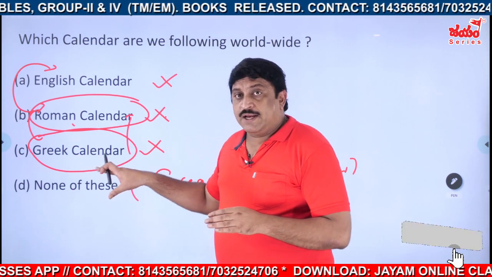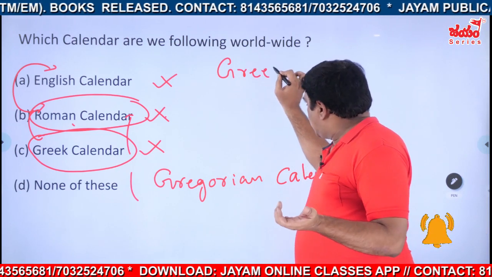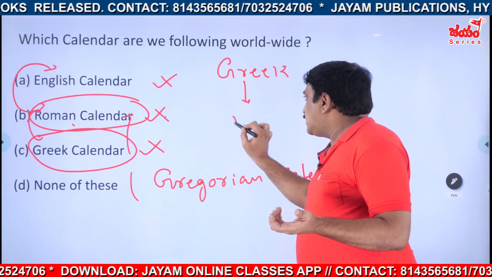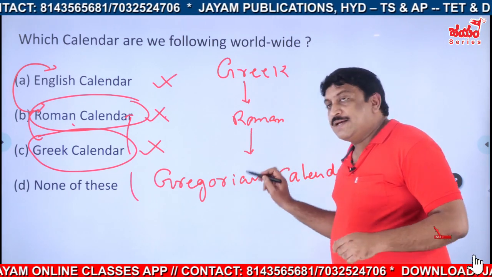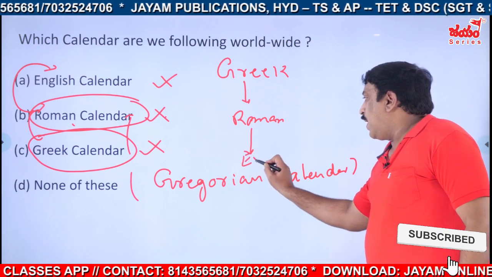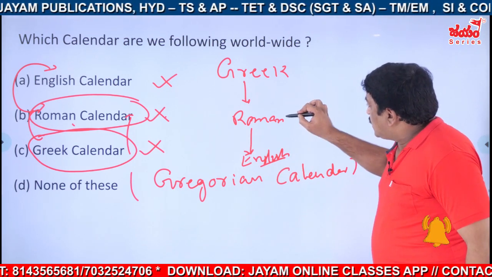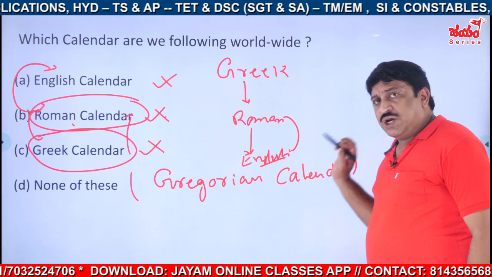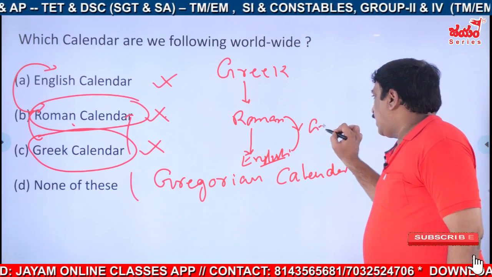I say, it was started by Greeks. You read that one. It was started by Greeks, then Romans, and then it is English. But this Roman Empire, while coming to the English, was termed the Gregorian calendar.